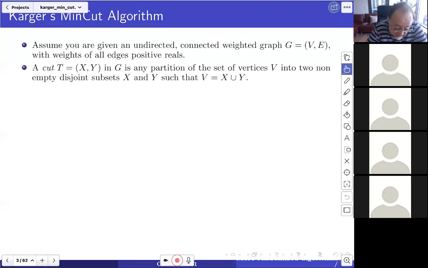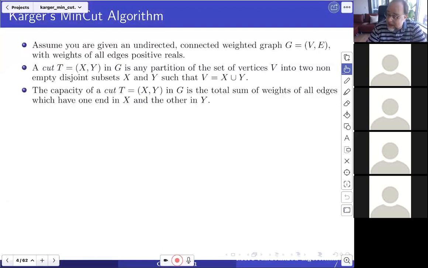Well, it's any partition of the set of vertices V into two non-empty and disjoint subsets, X and Y, such that X union Y is the whole set of vertices.